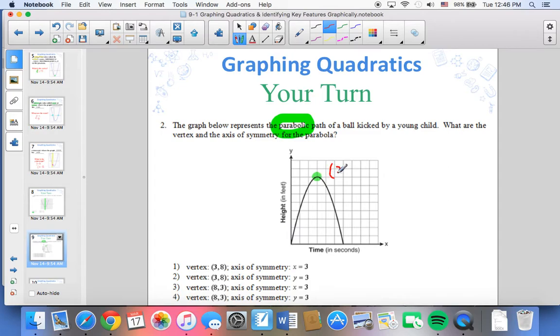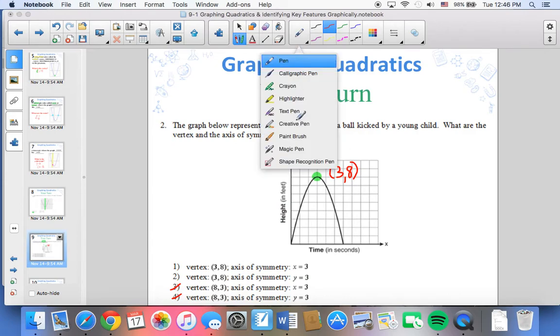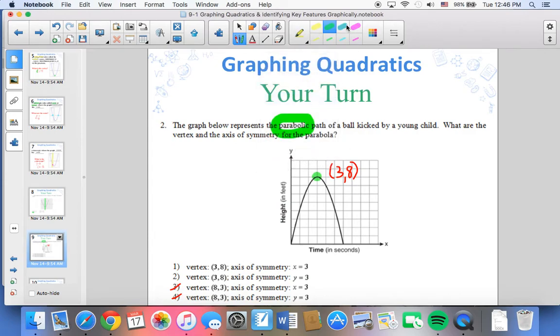So that vertex is (3, 8). So right away I can cancel out choice 3 and choice 4. And then the axis of symmetry, I'll highlight that in blue. Let's cut that parabola in half. So that line is x equals 3. So choice 1 is the correct choice.